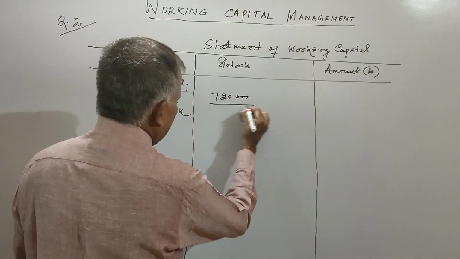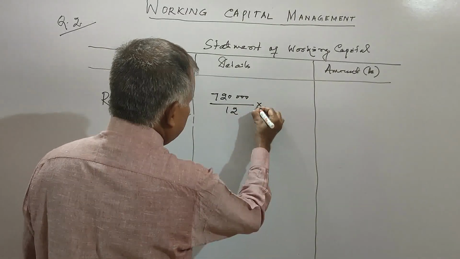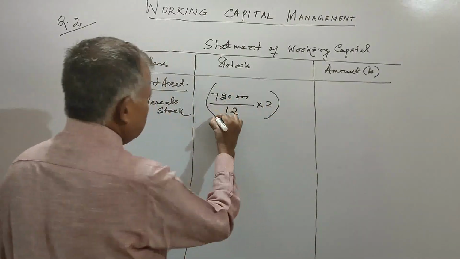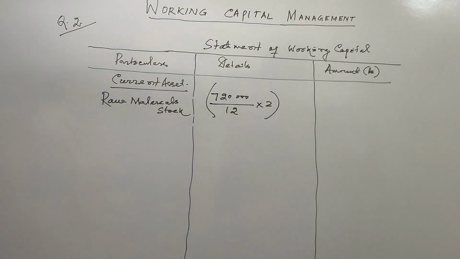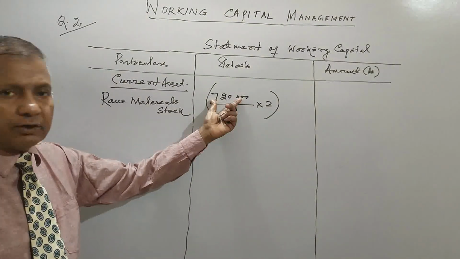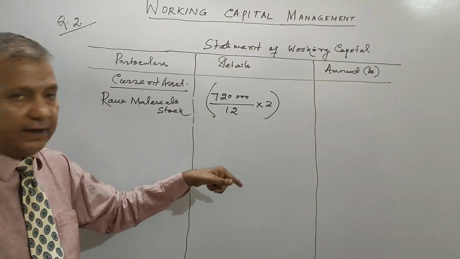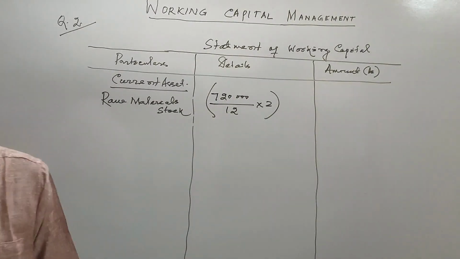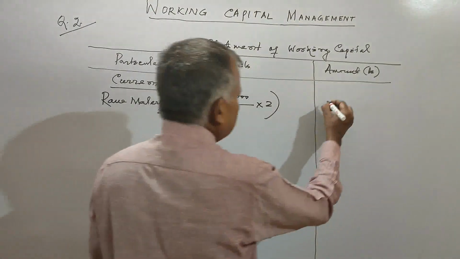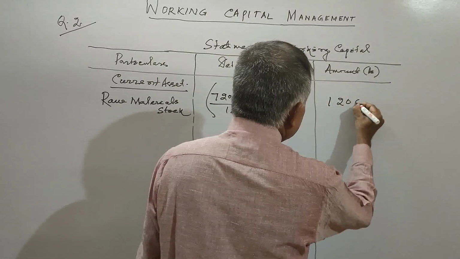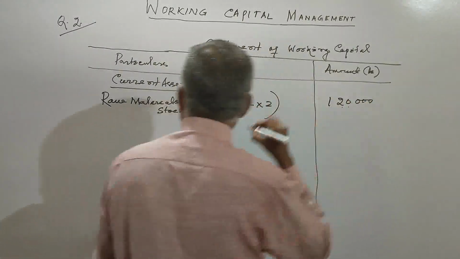If we divide by 12 and multiply by 2, we shall find out the raw material stock for 2 months, which is 1,20,000.